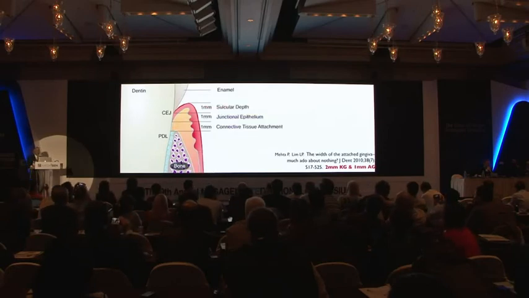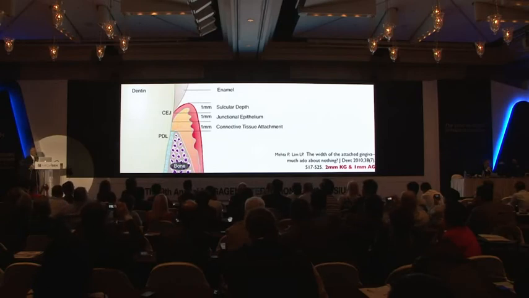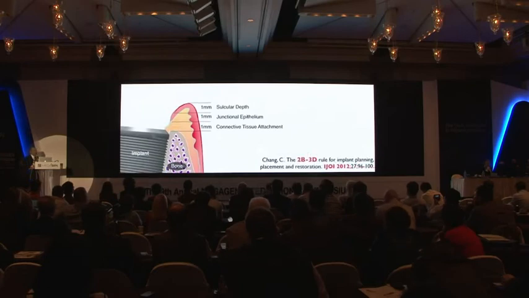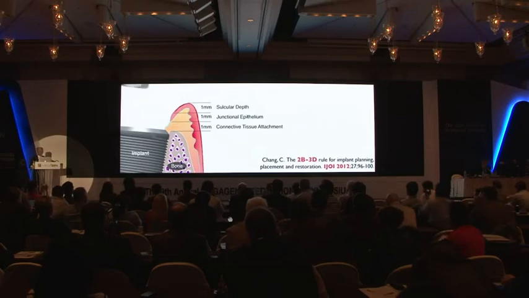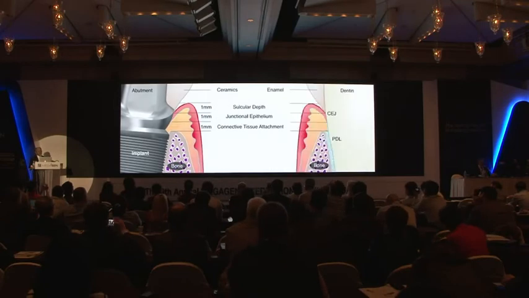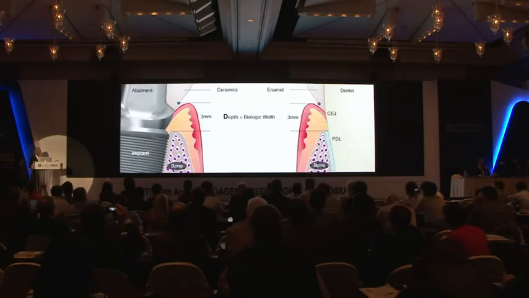But if we look from inside out, which is more critical, you get a 1 millimeter circular step, 1 millimeter junctional epithelium and 1 millimeter connective tissue. One day, when we lose the tooth and replace it with an implant, you need to mimic the natural tooth, which is to preserve 3 millimeter depth of biologic width.